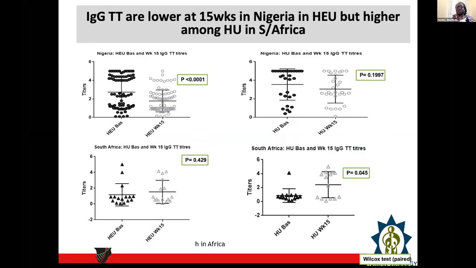Whether we looked at the control, it is much higher, and then as the weeks go by, these differences tend to disappear, but certainly increase in our South African cohort and decrease in our Nigerian cohort. So obviously, we're very interested to continue to look at this.